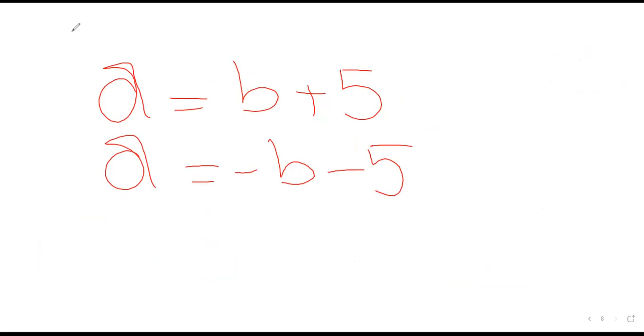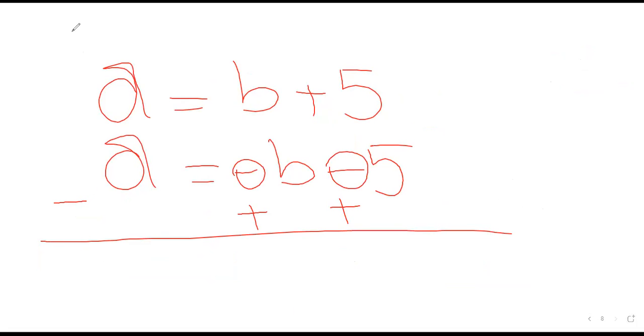So we are subtracting, changing the sign. This will become positive, and this is also becoming positive. So this will go on over here and this will be 2B and this will be 10.